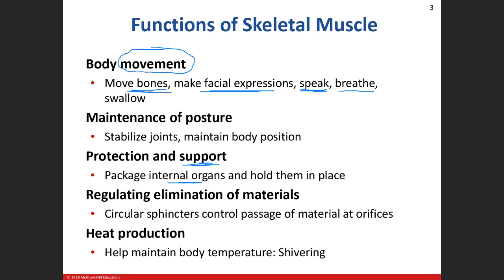Now this part here, the regulating and elimination of materials, that's going to be more of a smooth muscle function, but there is skeletal muscle involvement. For example, when you're having to go to the bathroom for a bowel movement, your external anal sphincter is skeletal muscle. You have voluntary control over that.